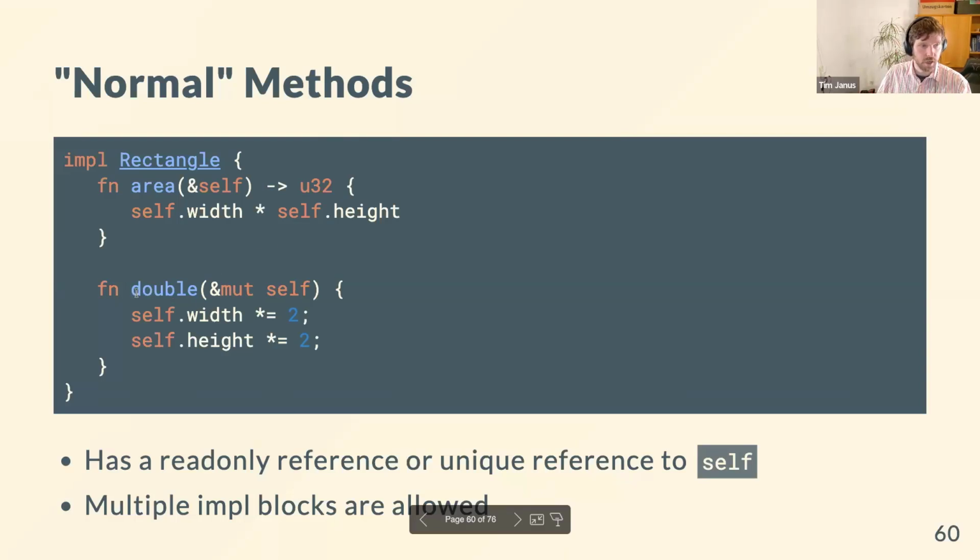So here we say we want to double the rect, and we just multiply both width and height with 2. And in Rust, you can have several impl blocks for the same type. So you don't have to put all the methods in the same place. It's nice to know, but I think it makes most sense for the really big types.